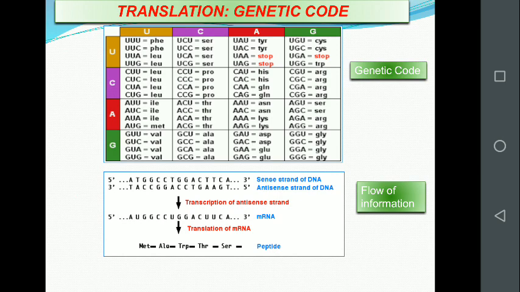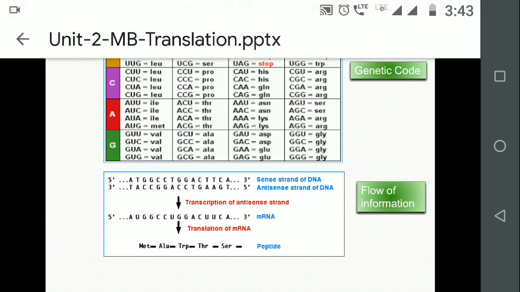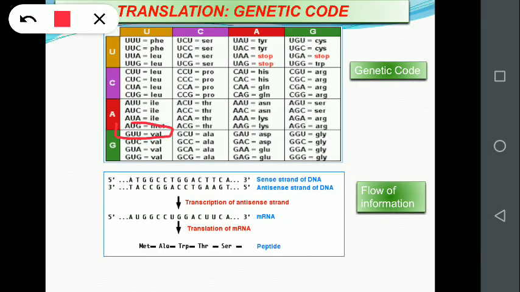And when we look at the genetic code table, we have already seen the features of genetic code. In the genetic code table, you have 64 different types of codons. Among the 64 codons, you have one codon, AUG, as the initiation codon, which codes for methionine, and UAA, UAG, and UGA are the stop codons.